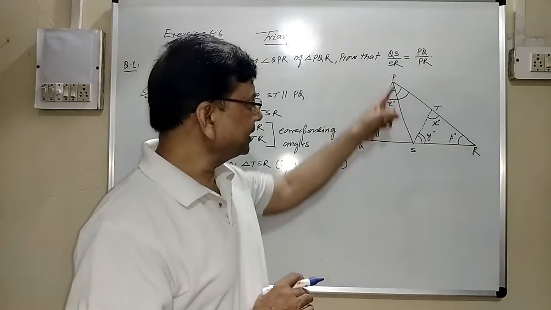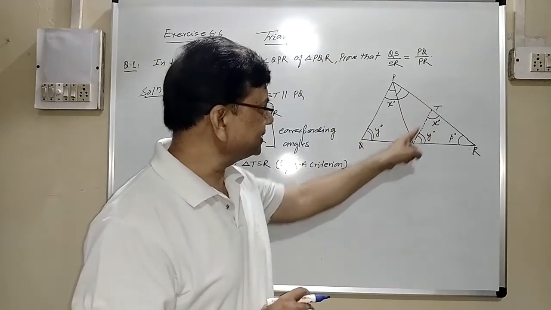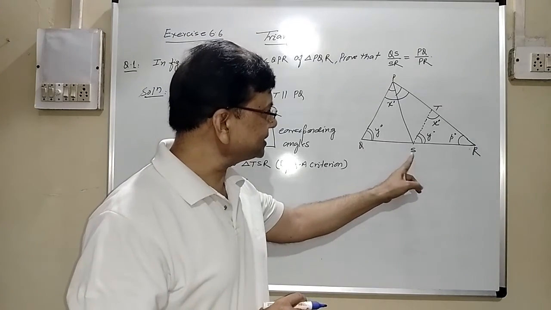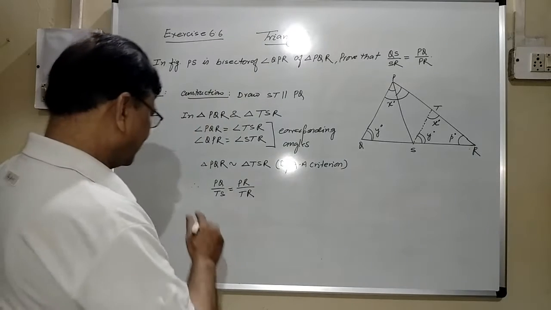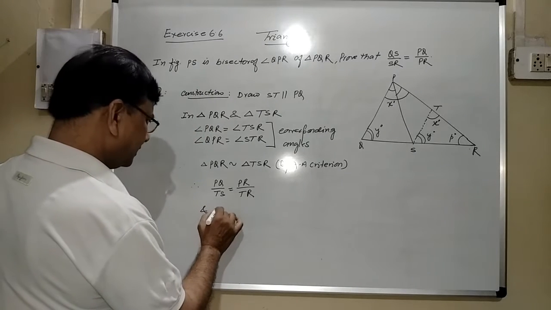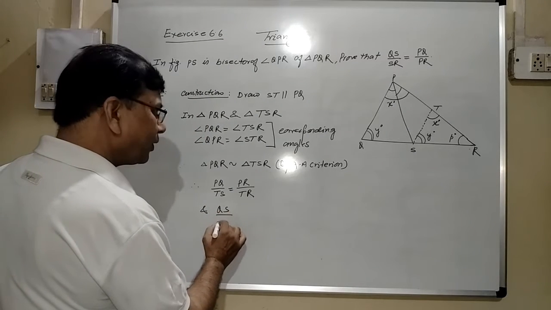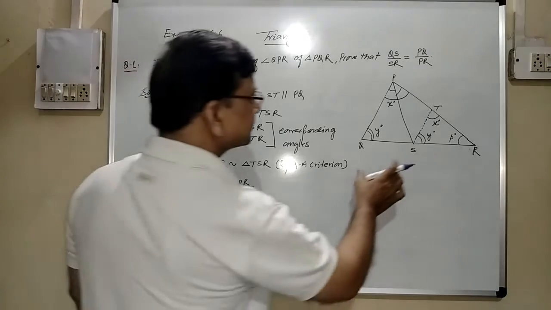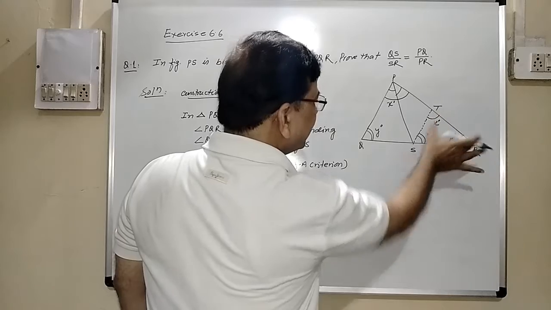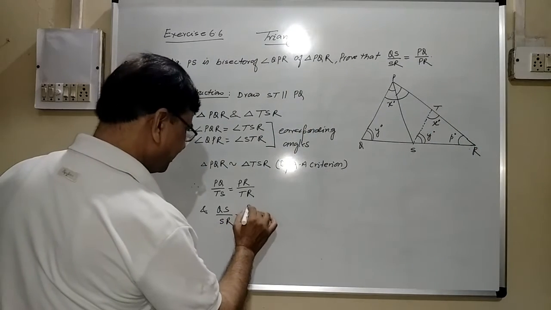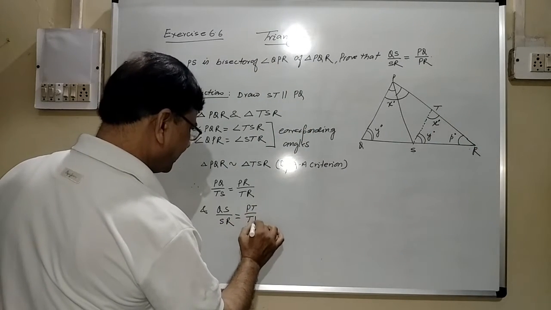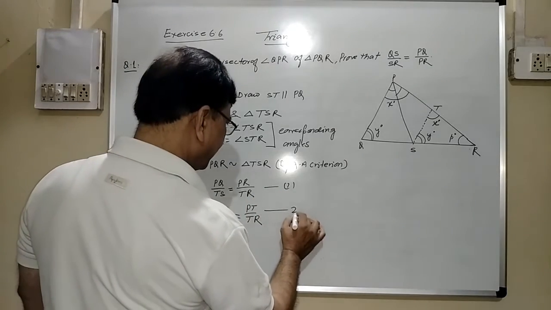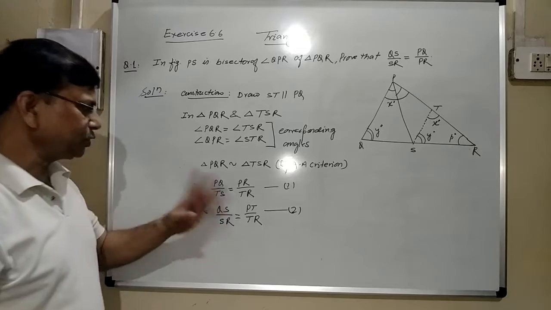Simultaneously, since this is parallel, QS upon SR is equal to PT upon TR. These two relations are there, 1 and 2. From these two we will proceed.